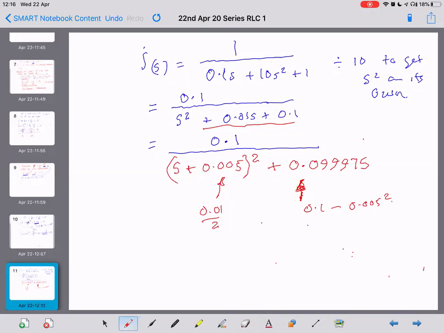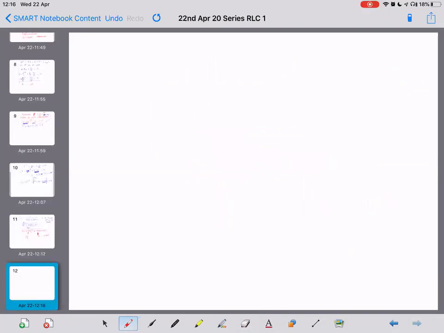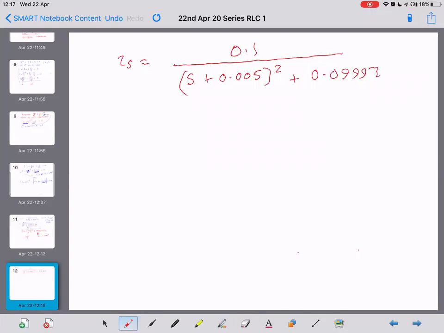So our final expression is IS is equal to 0.1 divided by S plus 0.005 all squared plus 0.099975.